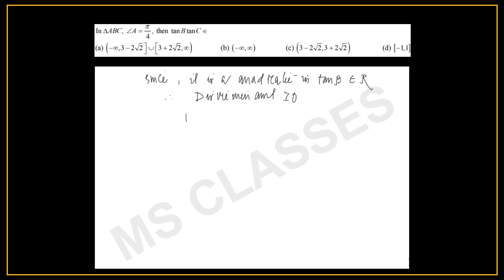So b square minus 4ac greater than equal to 0. So x square minus 6x plus 1 greater than equal to 0.